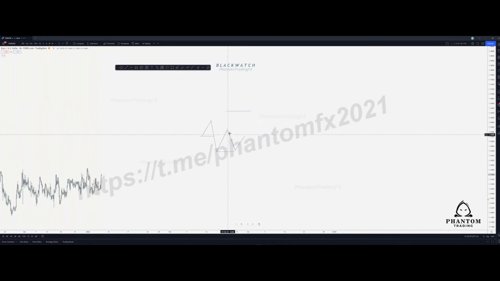Is this our confirmed lower high, right? Because this is the low here, the new lower low, that was the previous lower low, that is our current lower high. So until this structure is closed below, this remains the lower high.